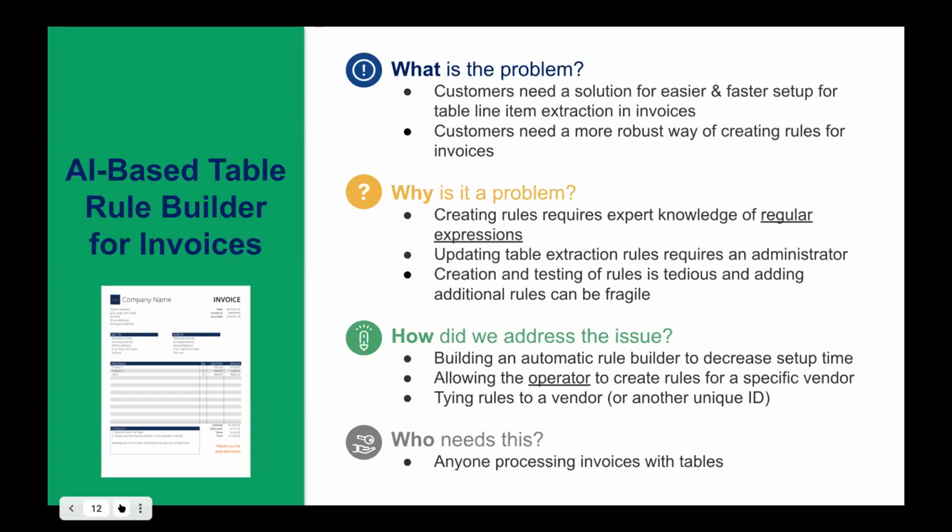So along with the table rule builder, we introduced a couple of changes to our standard table rules within Ephesoft Transact. One of the key changes is the introduction of a table rule filter.